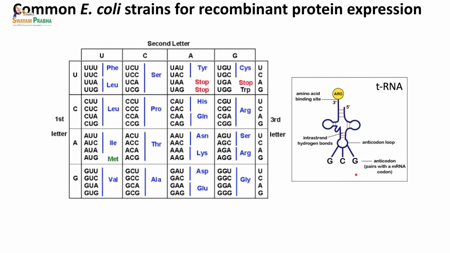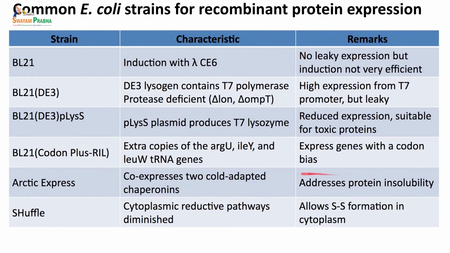So the solution to overcome this is to use certain strains of E. coli. So for example, this BL21 codon plus RIL. This has extra copies of tRNA genes which recognize certain codons which are not used very frequently in E. coli.